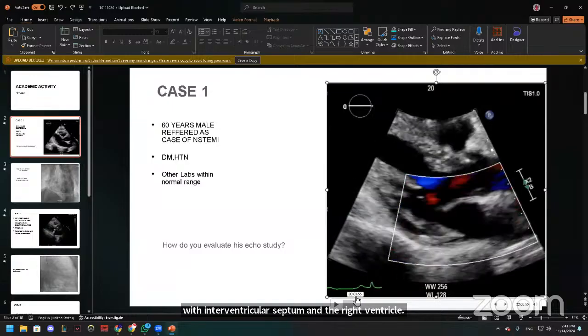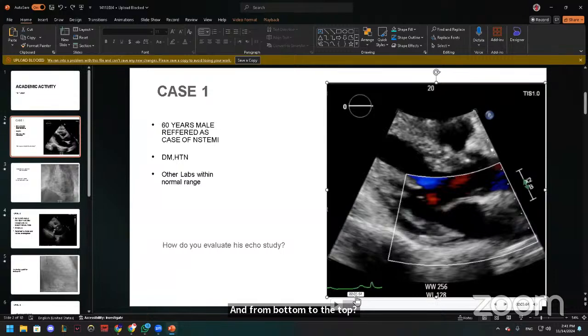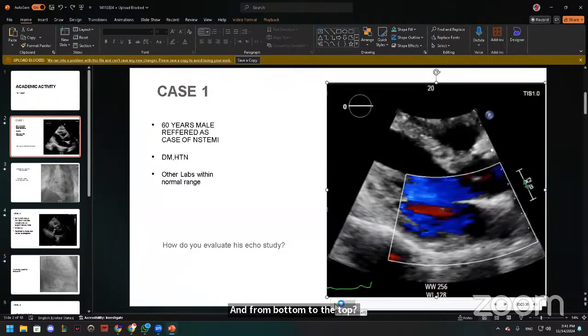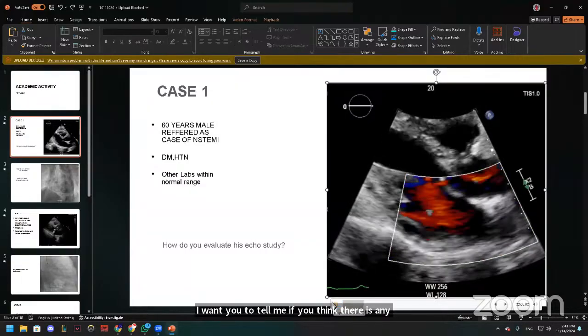Now we're putting color on the mitral valve. I want you to tell me if you think there is any abnormality, either stenosis or regurgitation.